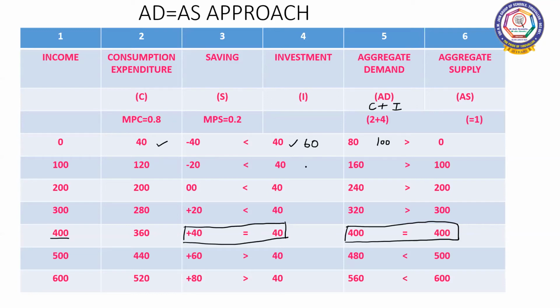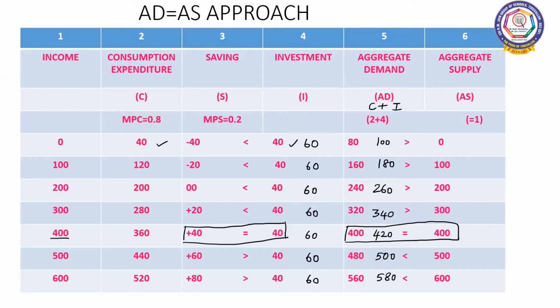But here I have made investment as 60. So in all the levels of income, investment expenditure is 60 crores. Hence, 120 plus 60 is 180. 200 plus 60 is 260. Then it is 340, 420, 500. So everywhere there is an increase of 20 and 580.